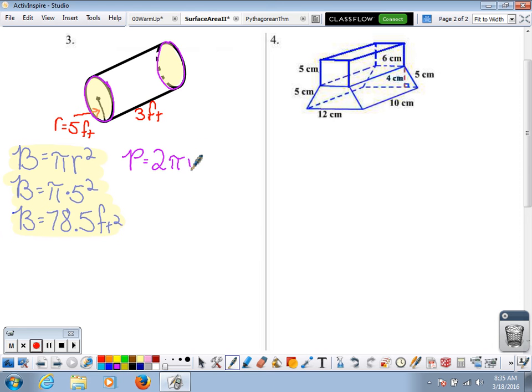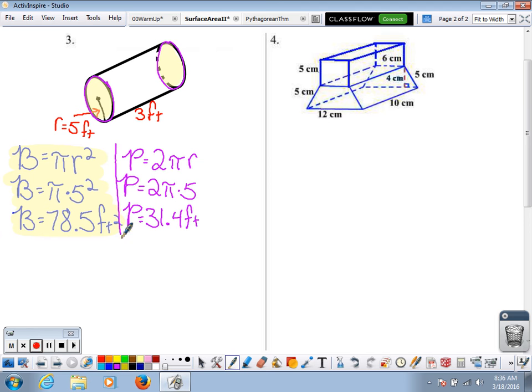Circumference equals 2 pi times the radius. Well, we said that radius was 5 feet, so that means the circumference is 2 times pi times 5. Well, 2 times 5 is 10, and 10 times pi means that the circumference of that circle is about 31.4 feet.